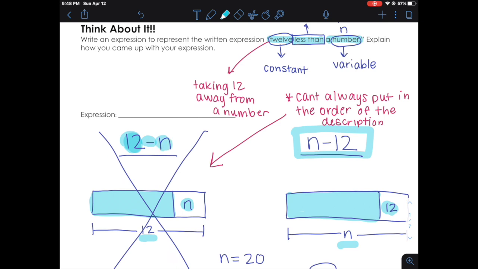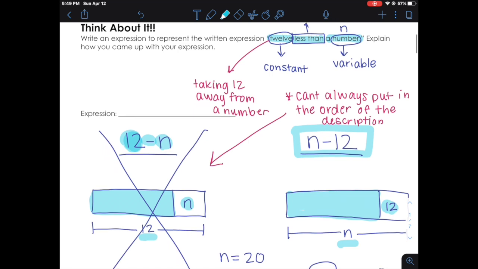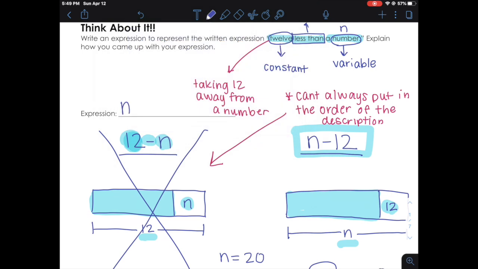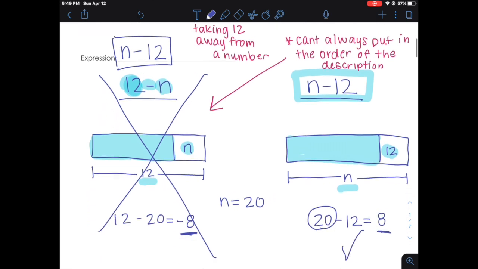And that didn't work out for us. So it's really important that you either substitute a number or draw a picture for yourself to help you figure out these expressions. So the final answer here, the correct answer, is n minus 12. All right, let's move on.